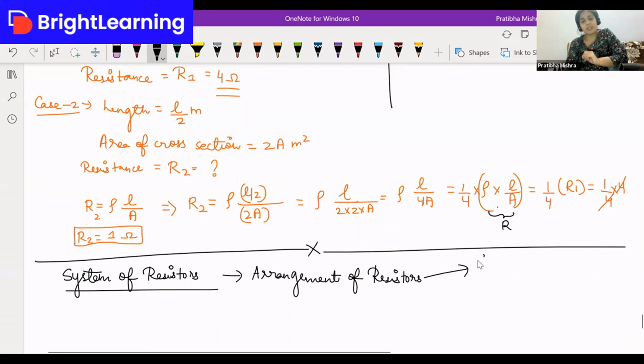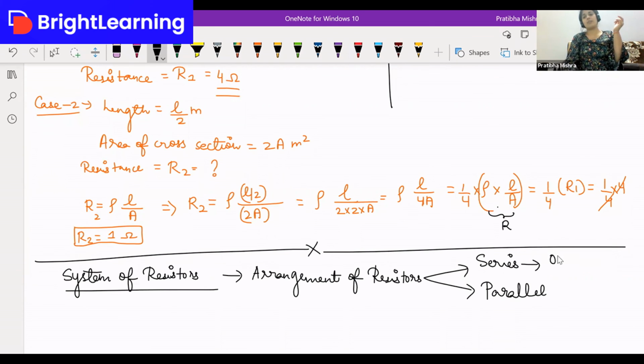We have 2 types, series and parallel. So let me tell you one small thing. Series means what? Connecting one beside each other. I'll explain this in the next week's class from the beginning by drawing the diagram. So don't worry. One beside each other.